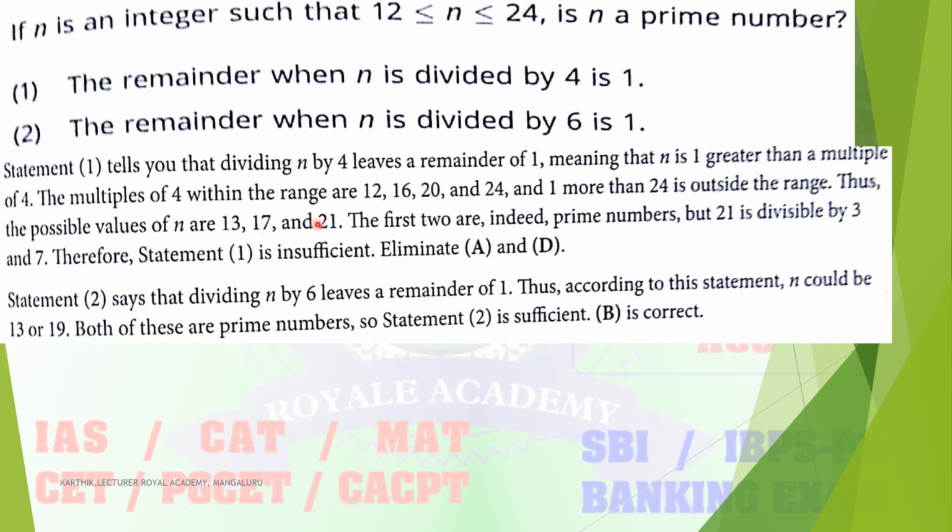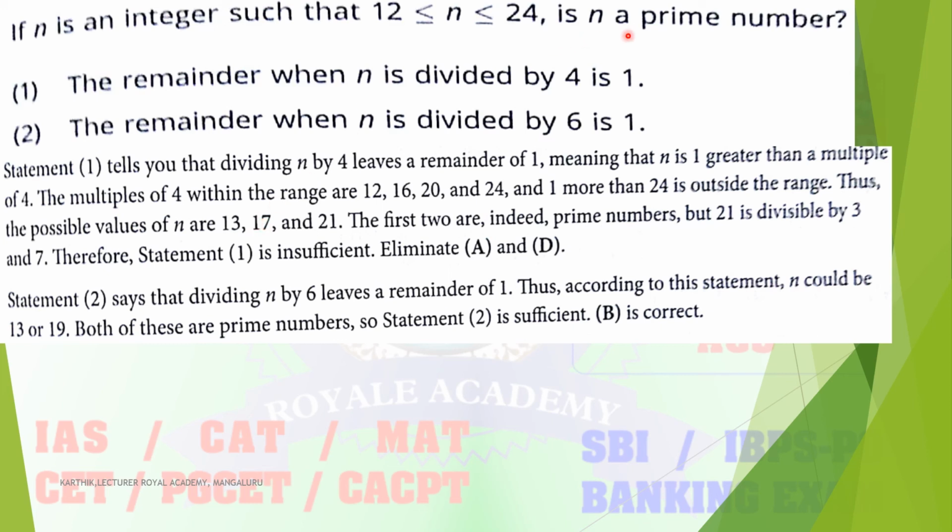So here, how many integers are prime numbers? 13 is a prime number, 17 is a prime number, 21 is not a prime number, since 21 is exactly divisible by 3. So two integers are prime numbers, so two values are coming.